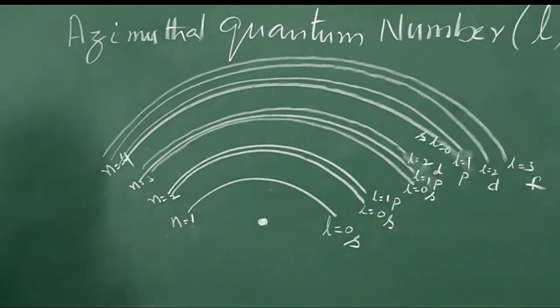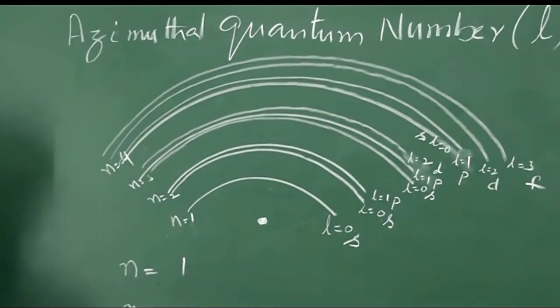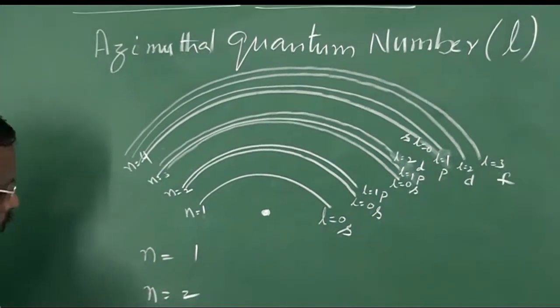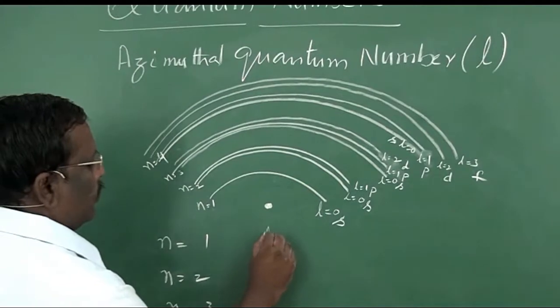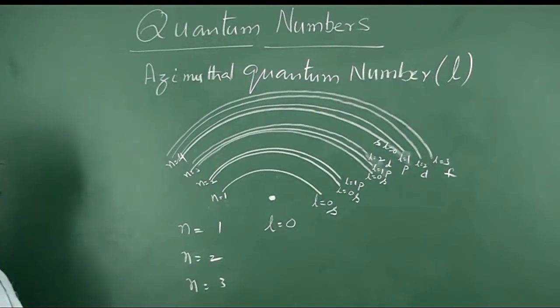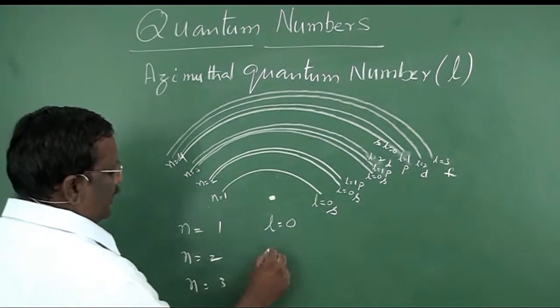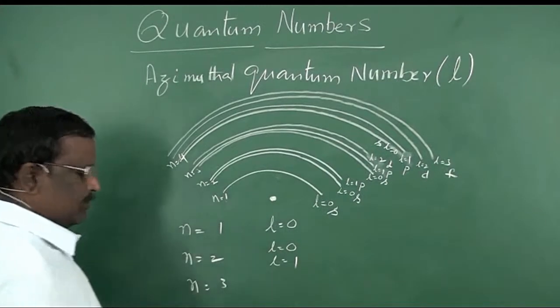So, in each of the main energy levels, n is equal to 1, n is equal to 2, n is equal to 3, n is equal to 4: in the first energy level, you have one sub-energy level, for which l is equal to 0. For the second energy level, you have two l values, l is equal to 0 and l is equal to 1.